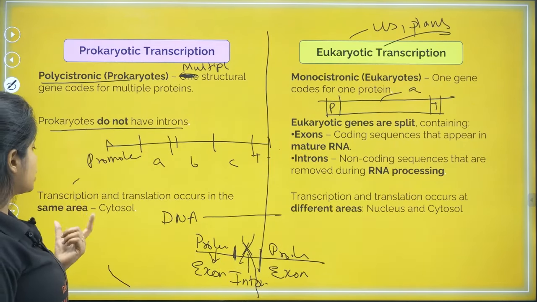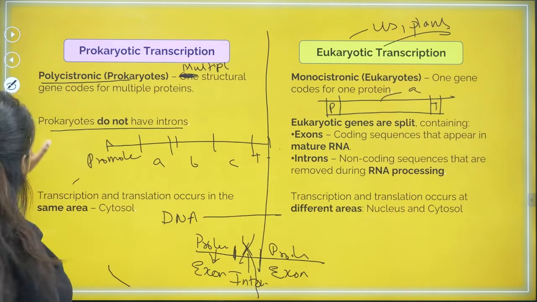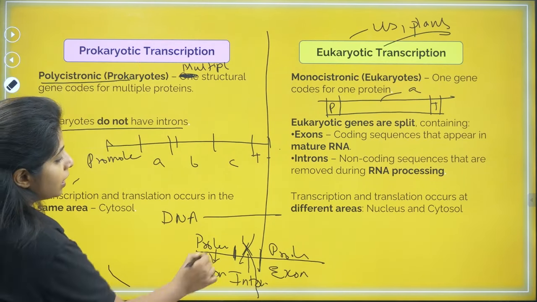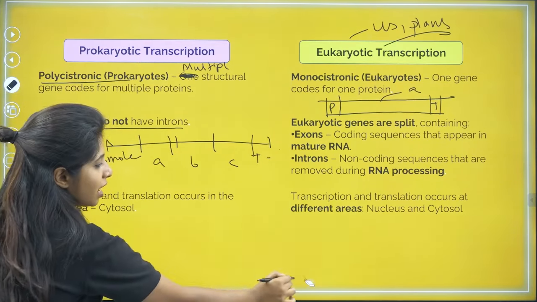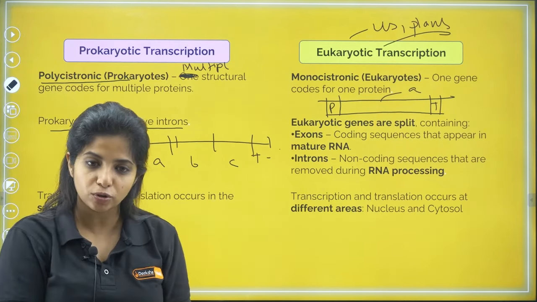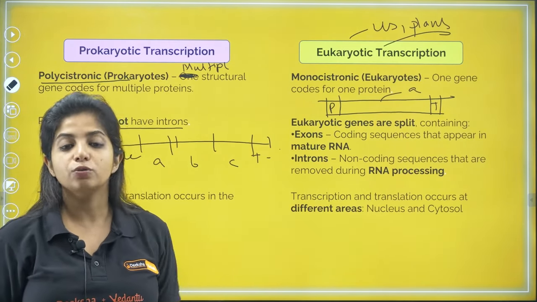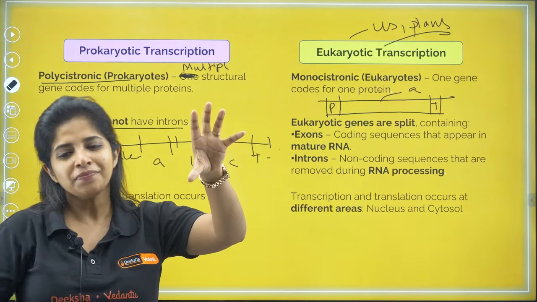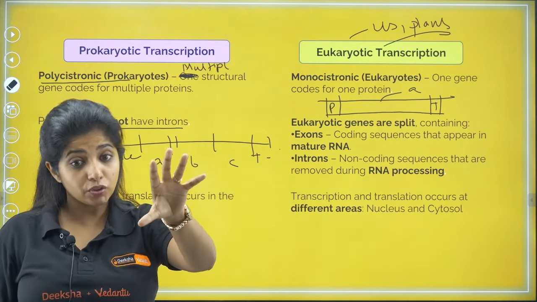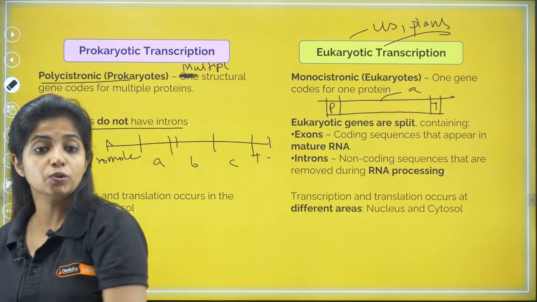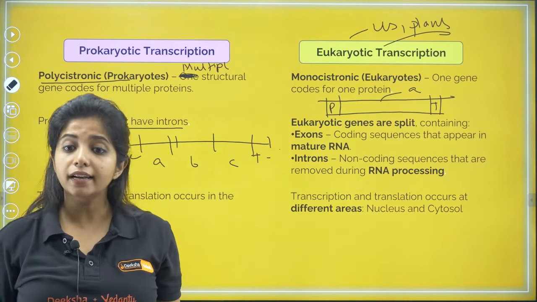In prokaryotes, transcription and translation occur in the same area, that is the cytosol. Since there is no nucleus, transcription, translation, everything happens in the cytosol itself. Whereas in eukaryotes, we have a separate nucleus and then cytoplasm. I told you transcription happens in the nucleus, but translation happens outside because ribosomes and tRNA are outside.